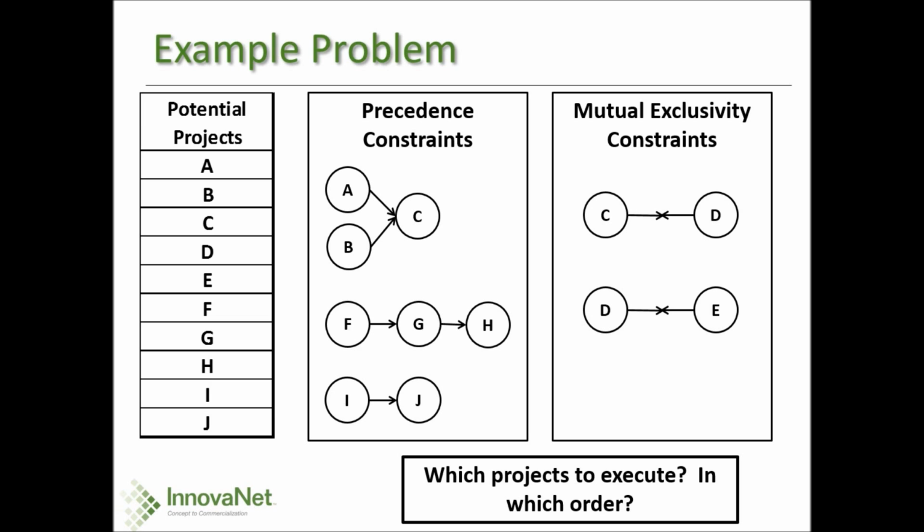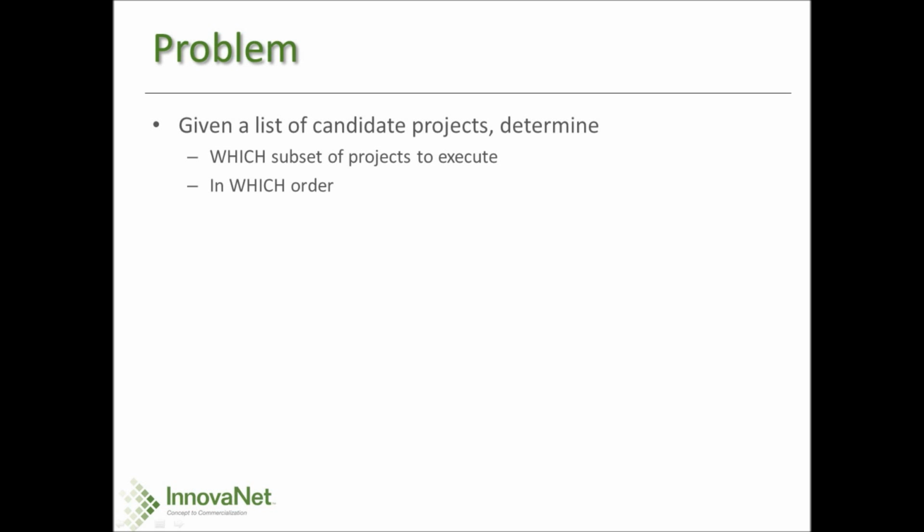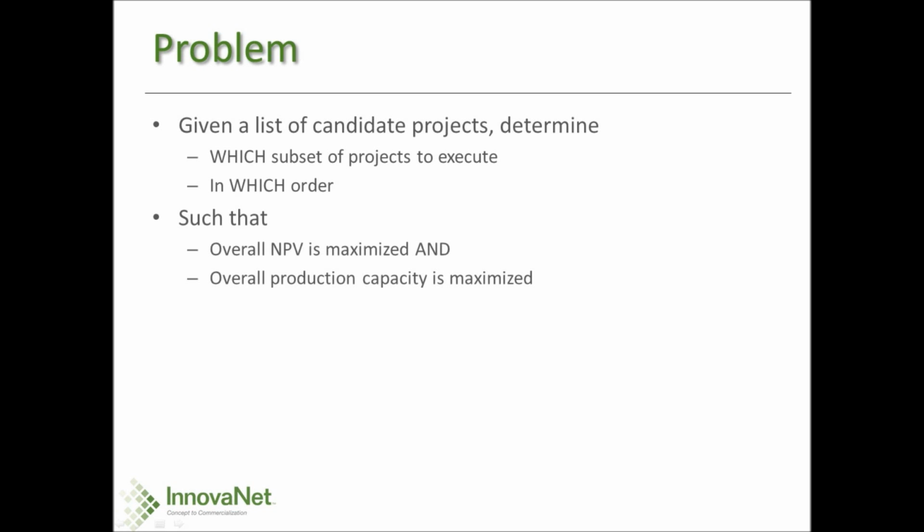Taking all that into account, the question is then which projects you should execute and in which order without exceeding any limits on financial or human resources. Consider this example. Suppose a manufacturing company has a list of candidate projects, and they'd like to know which subset of projects to do and in which order, such that the overall net present value is maximized and the overall production capacity is maximized.